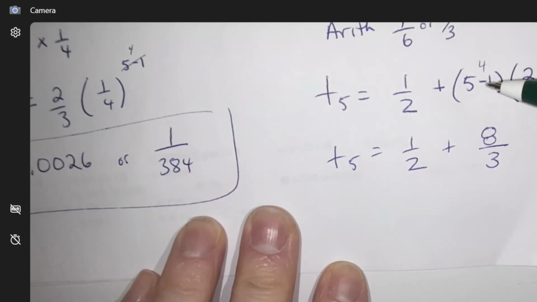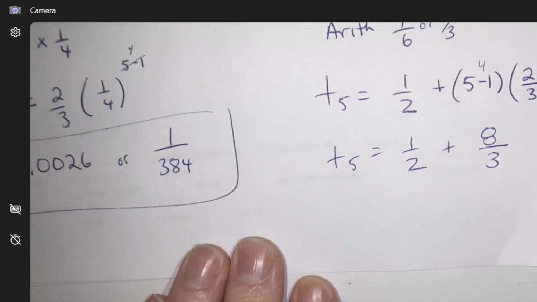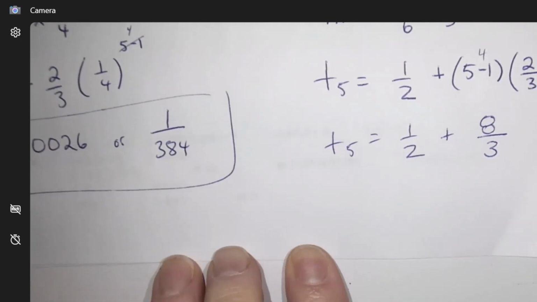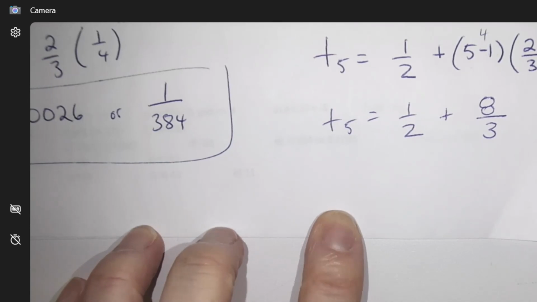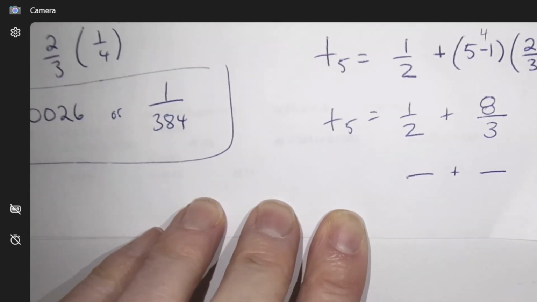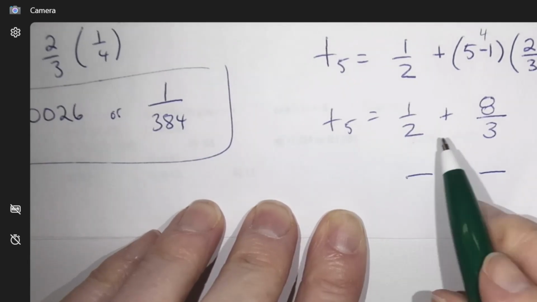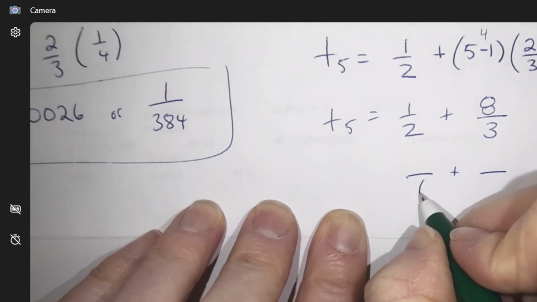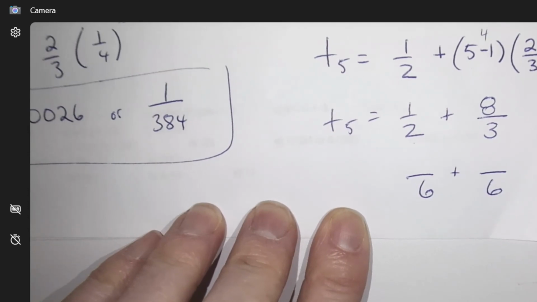Because 5 minus 1 was 4. 4 times the 2. Okay, so that was that. Now, can you give me the same bottom to add them together? There's a 2 here, a 3 here, so I'm going to pick a 6.